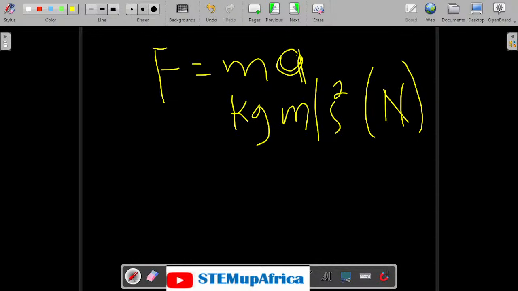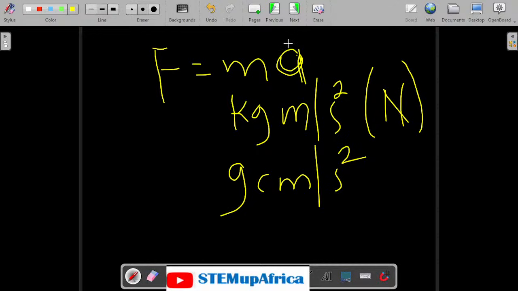But what happens if my mass is in grams and acceleration is centimeter per second square? There's no way it will also give us a Newton, because the units are different.